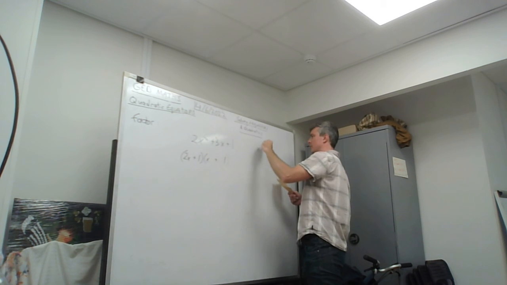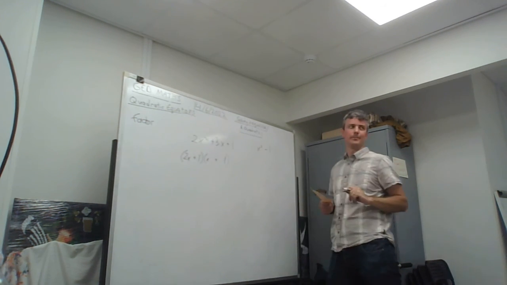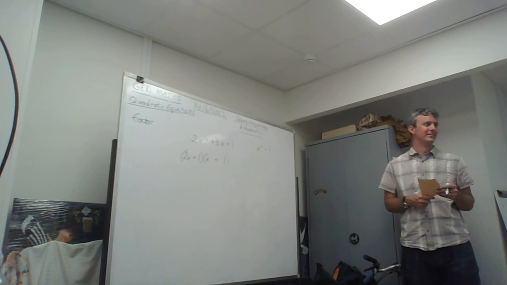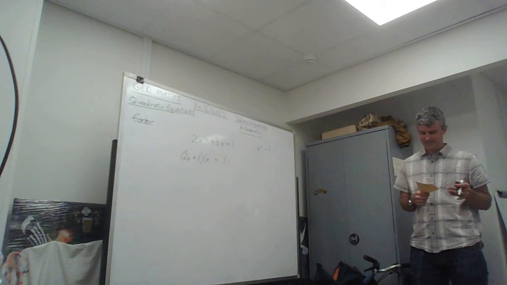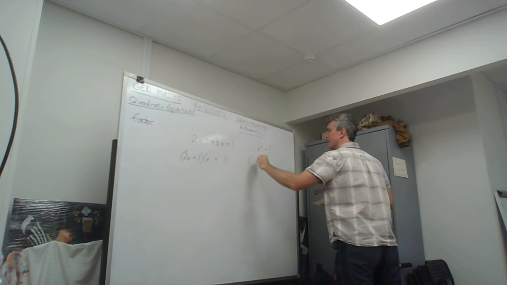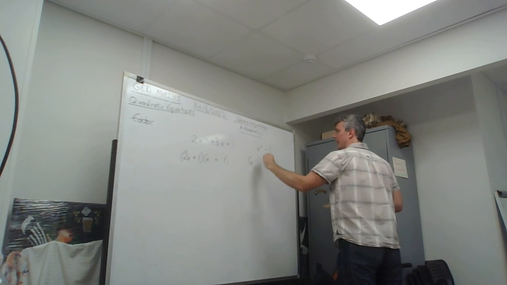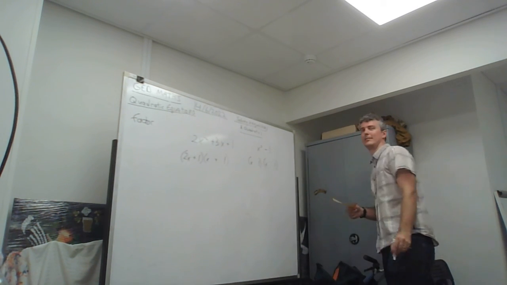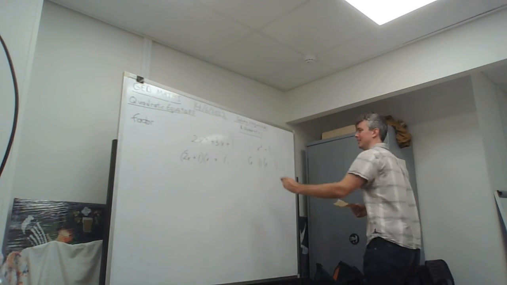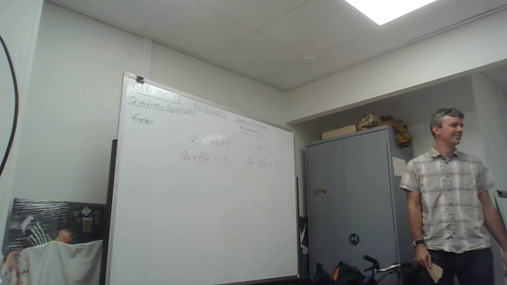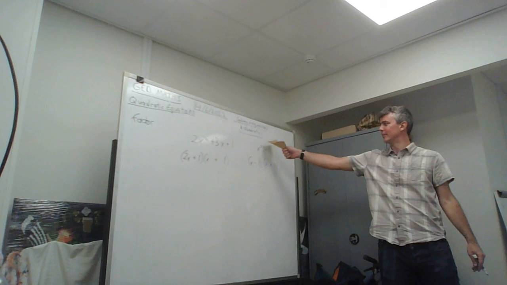X squared minus 1. So you can do x and x, right? And this was 1 and 1. Minus 1, plus 1. Yep. So they'll cancel. So don't be alarmed if you don't see something in the middle.